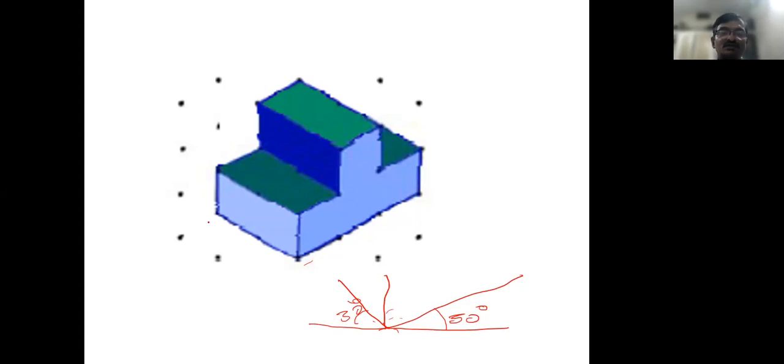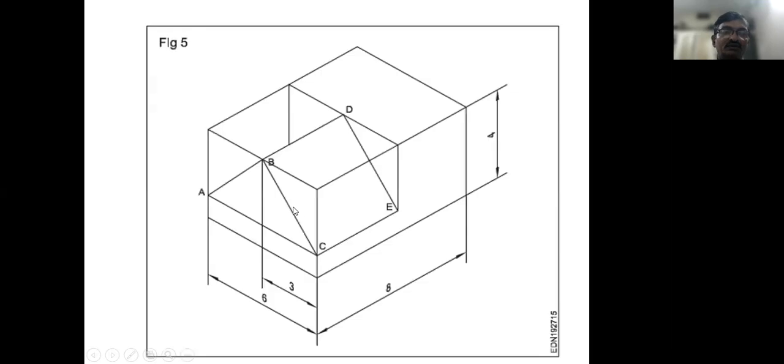When the edges of an object are parallel to the isometric axis, those edges are called isometric lines. In this object, we can easily identify the shape. This is isometric drawing, but some disadvantages occur in isometric drawing, which we observed in the last classes.